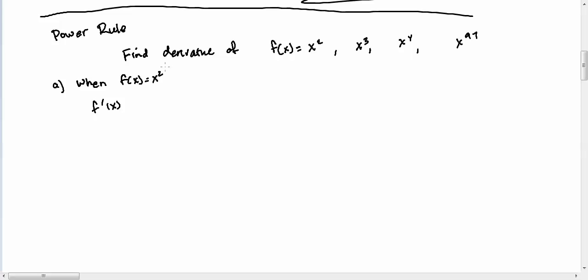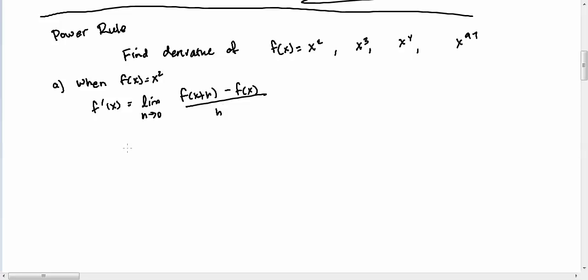What I'm going to do first is write down the definition, and it's f prime of x is equal to the limit as h goes to 0 of f of x plus h minus f of x, all over h. Are we cool? All right.